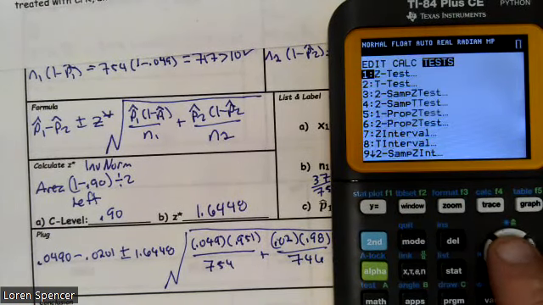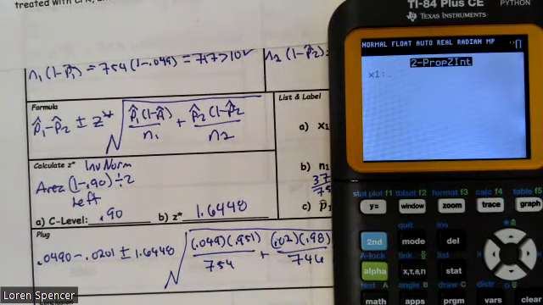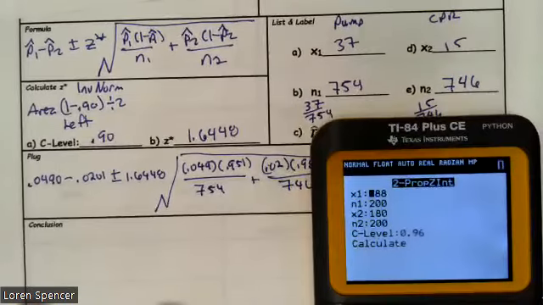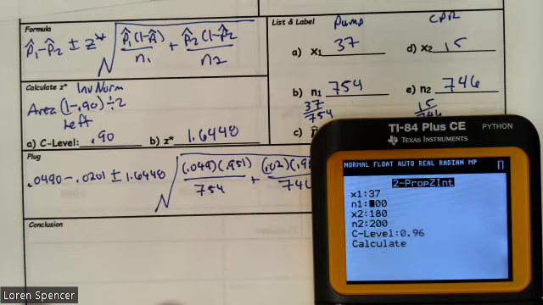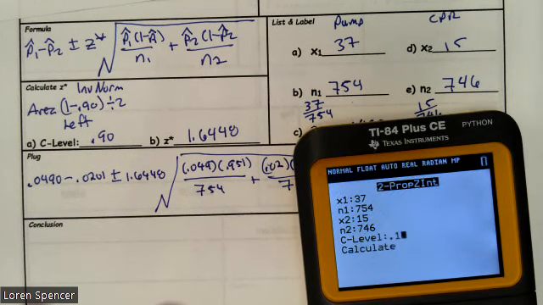At this point, I can go ahead and run my interval. Stat test, letter B, which is 2 proportion z interval. And in this case, we had 37, 754, 15, and 746. And we wanted a 90% confidence interval.